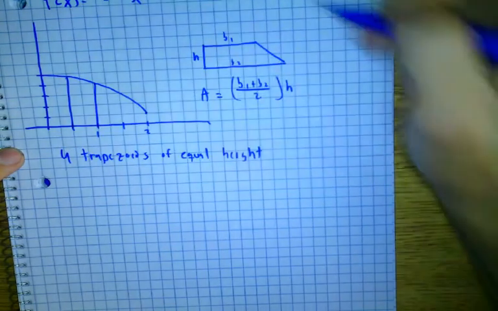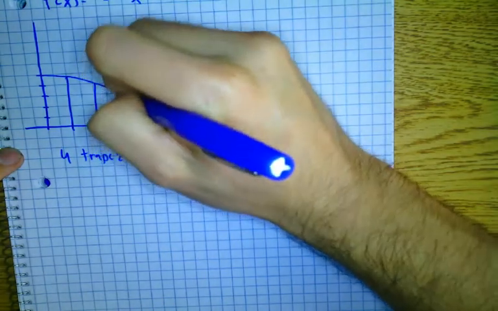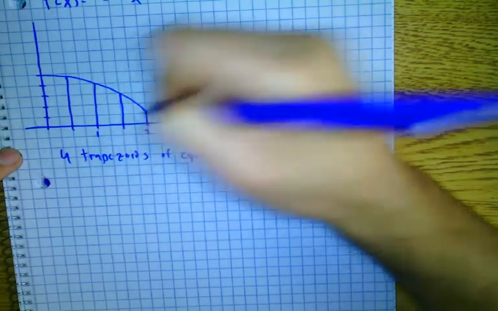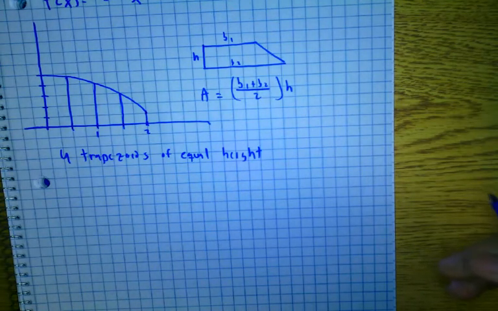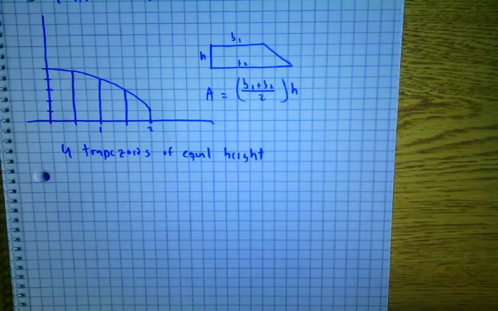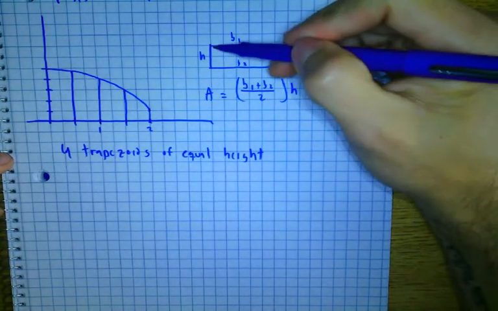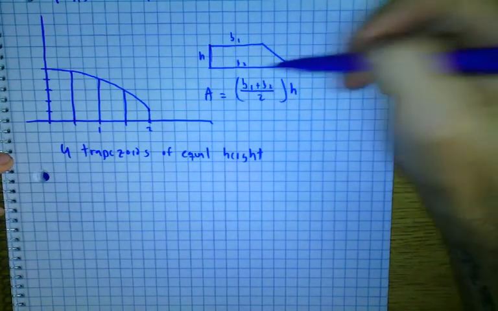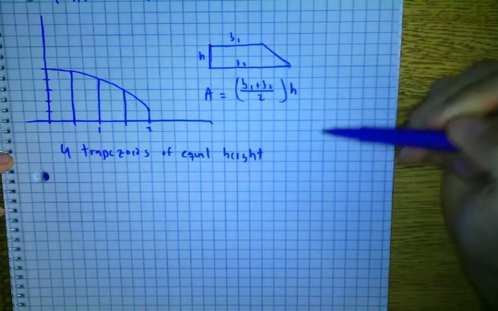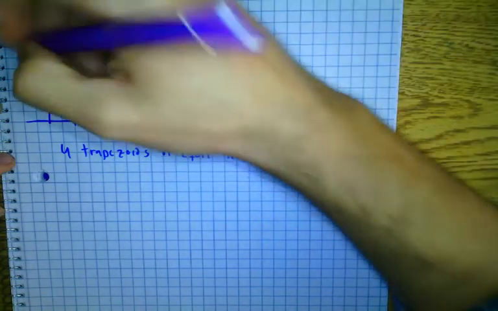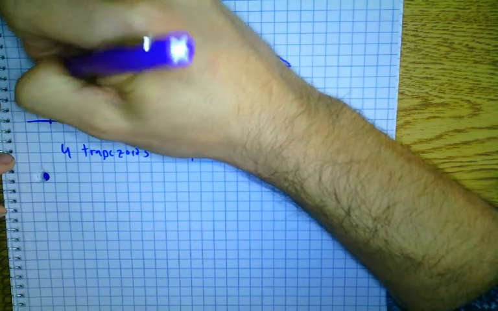At 1, you go up to the curve. At 1.5, you go up to the curve, and then at 2, you go up to the curve. Cool? And now the last step is you actually have to build these trapezoids, which means, technically you already have the height and the two bases, so you just have to connect those two bases with a diagonal line, all right? So the first trapezoid is going to look something like that.